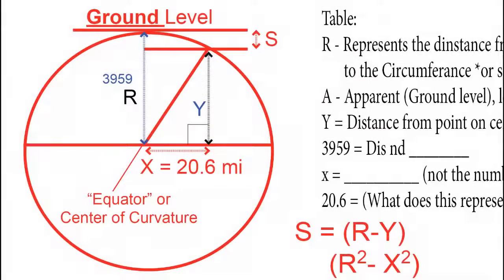The ground level of an observer is represented by the line at the top. Y equals distance from the point on the center latitude, which is representing the 20.6 miles between Dover and Calais.